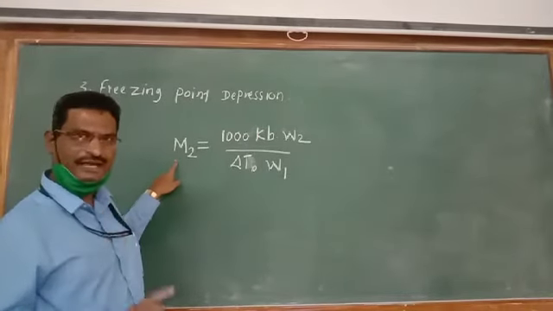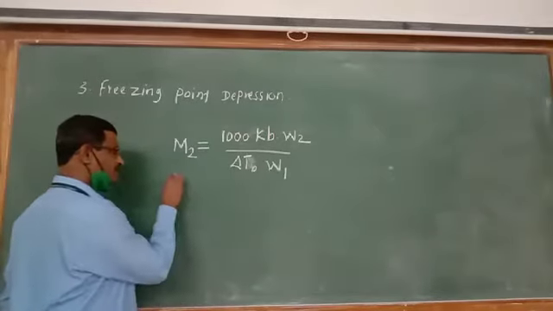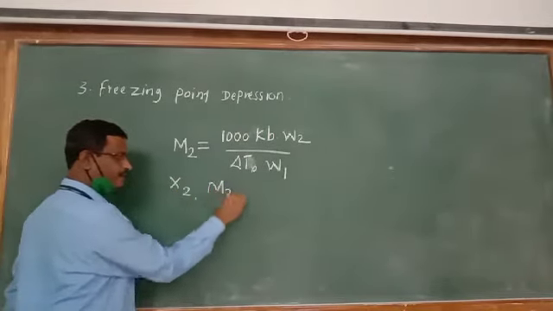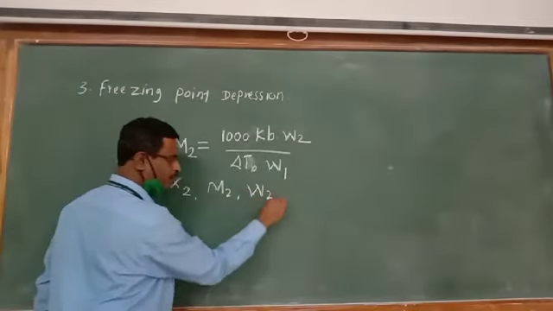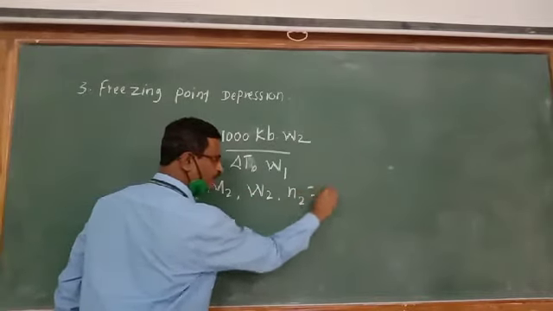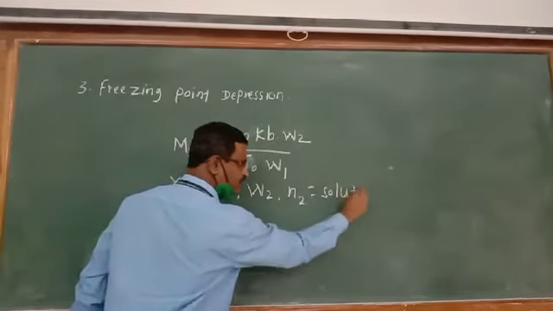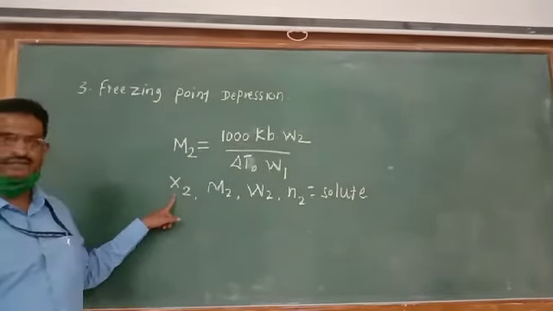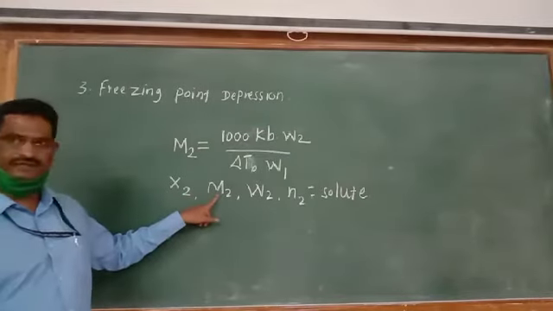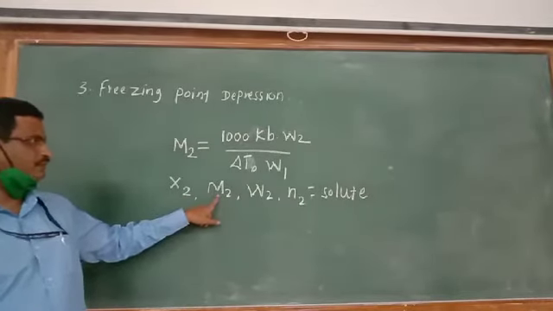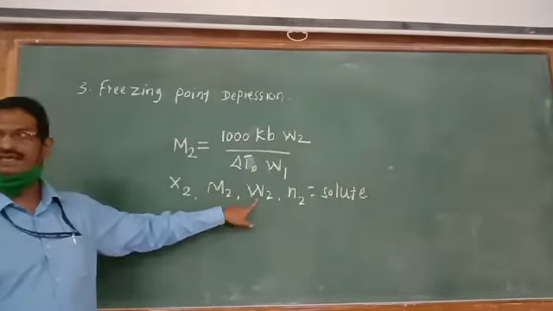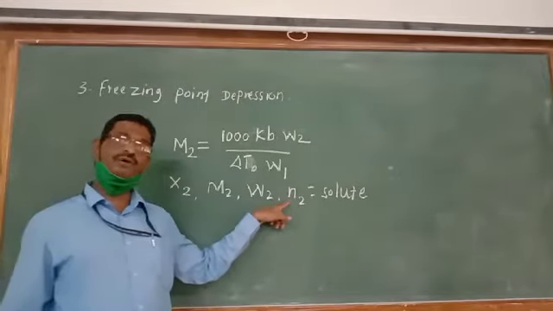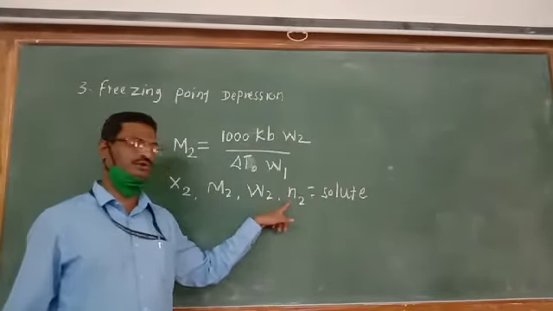Keep in mind that all the terms with subscript 2, that is X2, M2, W2 and N2, are the terms used for solute, where X2 is mole fraction of solute, M2 is molar mass of solute, W2 is mass of solute, and N2 is number of moles of solute.